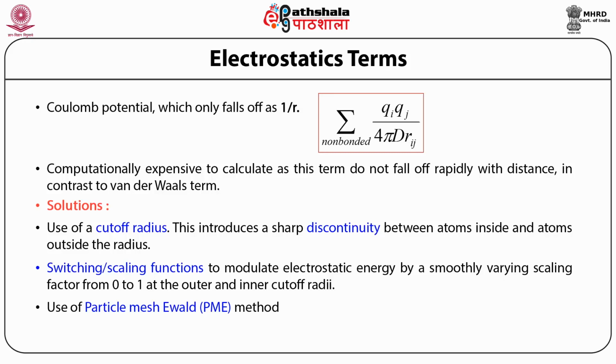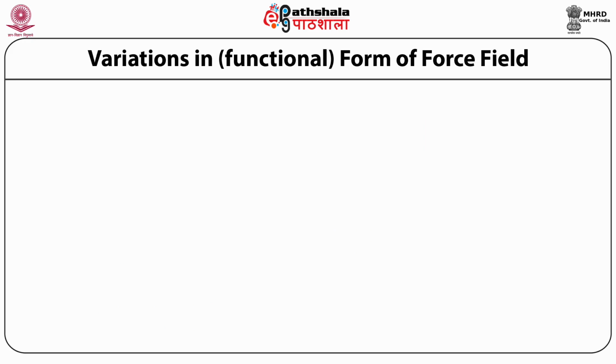Another important term which is neglected here is the multipole term. That is, every charge would have not only the interaction depicted by Coulomb, but it will have multipoles also, which are mostly neglected in our energy term for protein interactions. Here we are discussing the functional form of all the potential force fields. There could be additional terms, like we call variations, that is how we introduce hydrogen bonds. Sometimes some of the potential energy functions in some software exclusively take care of hydrogen bonds.